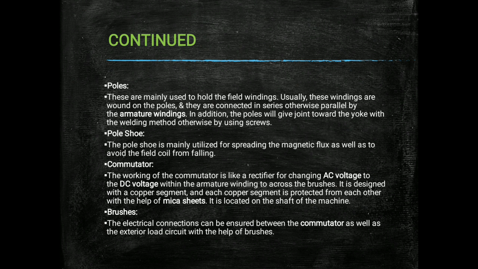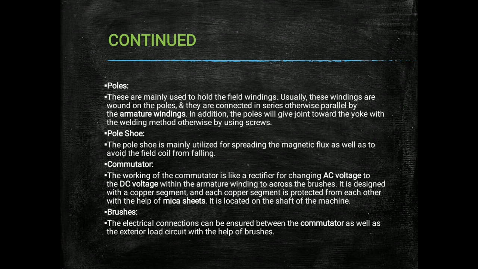For that very reason, there is always friction between brush and commutator, and due to that, the brush has a good lubrication property. So we can say that a brush is a solid lubricant, number one. Number two, it is a good conductor of electricity, and also it absorbs the heat.